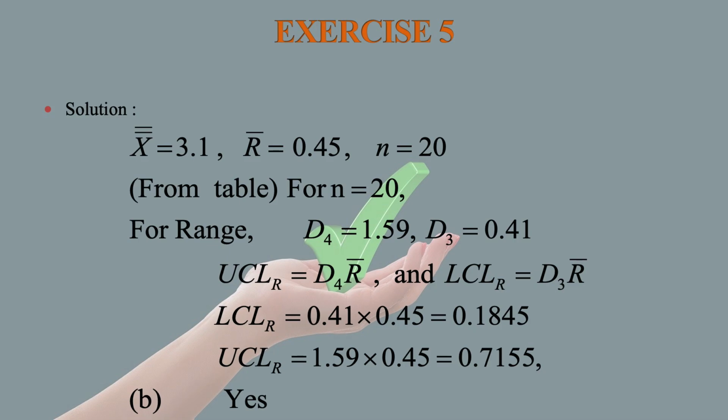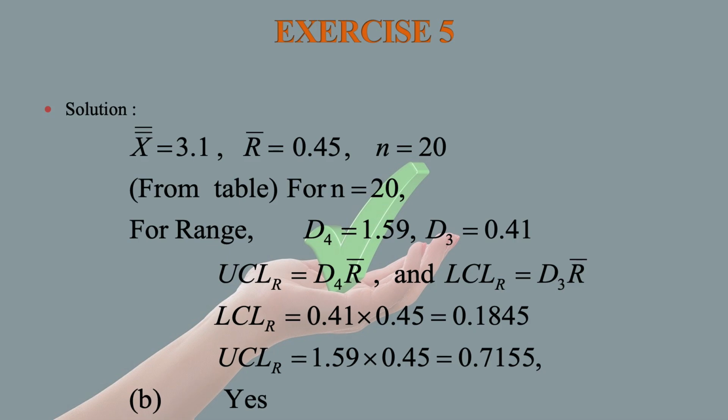So LCL equal to 0.41 multiplied by 0.45, for this case equal to 0.1845, and UCL equal to 1.59 multiplied by 0.45 equal to 0.7155. Now you see, for this problem all the values are within the upper control limit and lower control limit.